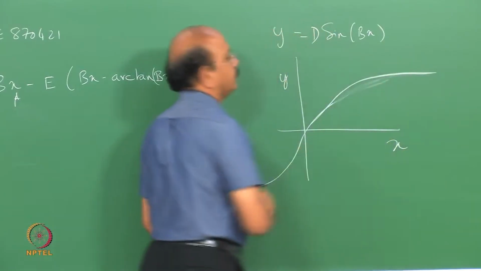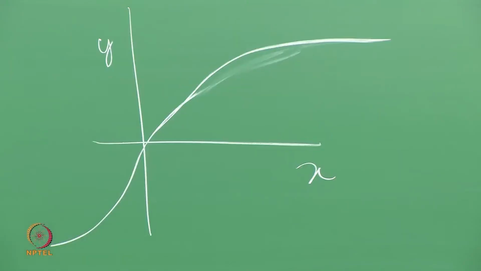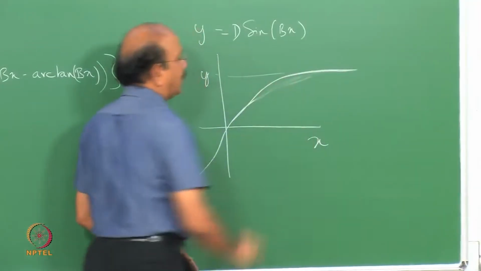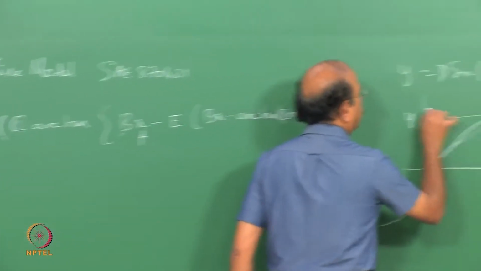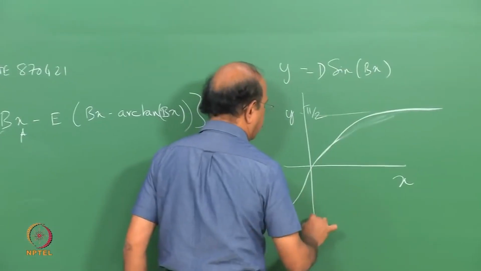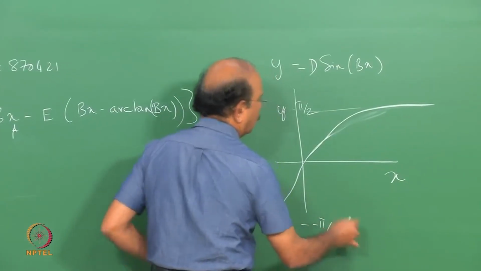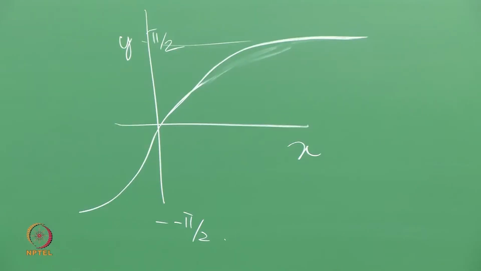Right? It asymptotically converges to a value. What is that value? Pi by 2. So this asymptotically converges to a value pi by 2. The same thing here, it's minus pi by 2 and so on. So that's an elongated curve.